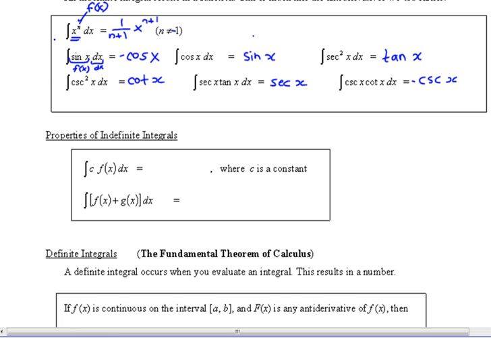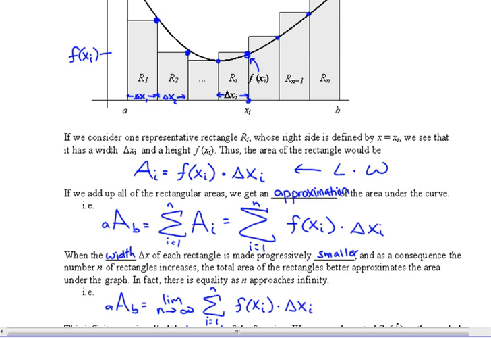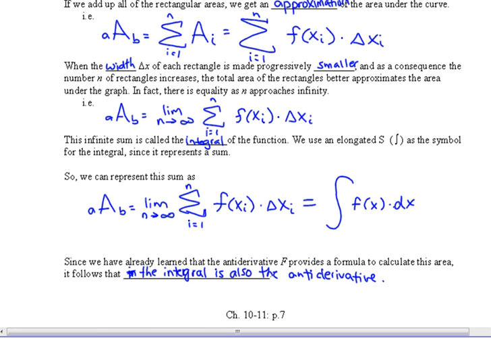Okay, properties of integrals, so these are the same. If you have a constant times a function, like 2 sine x, it would be negative 2 cos x. Again, going back here, the dx is the width. So we're doing length times width. What we're doing here is the infinite sum of all these rectangles, and the rectangle area is length times width.